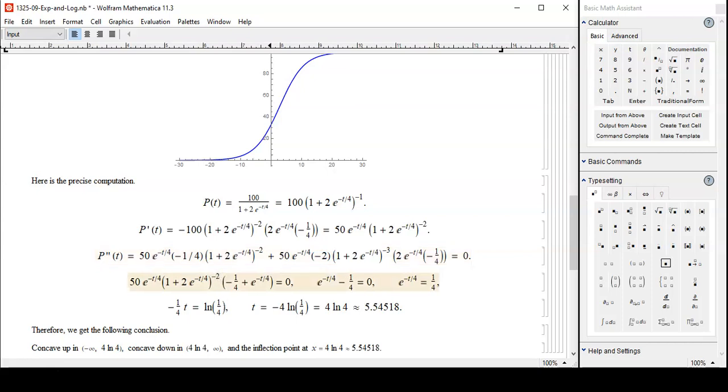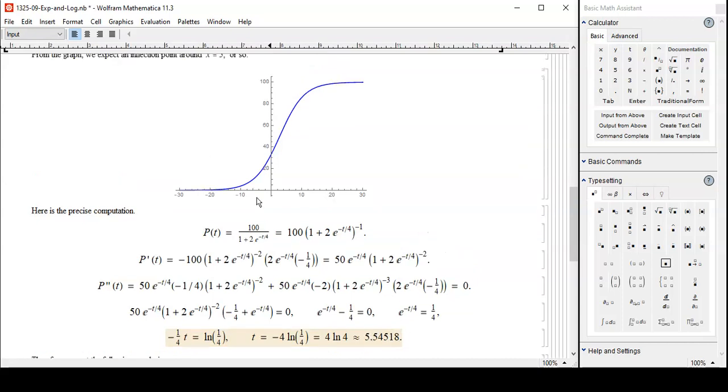The 2s cancel each other out too. And then what's left here is just this one. And then we have exponential is 1/4, so taking a logarithm, you get 4 log 4, which is 5.54. 5.54 around here, yeah, that looks like it.